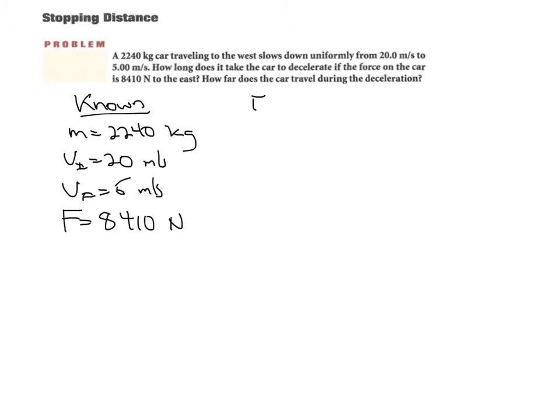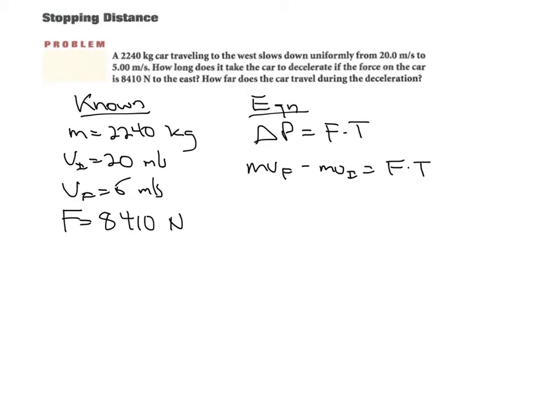So it looks like I'm going to apply again the impulse momentum equation, that the change in momentum is equal to F times t. Our change in momentum is m v final minus m v initial, equals F times t. So now we can solve this for our time, right? So what's our momentum initially?